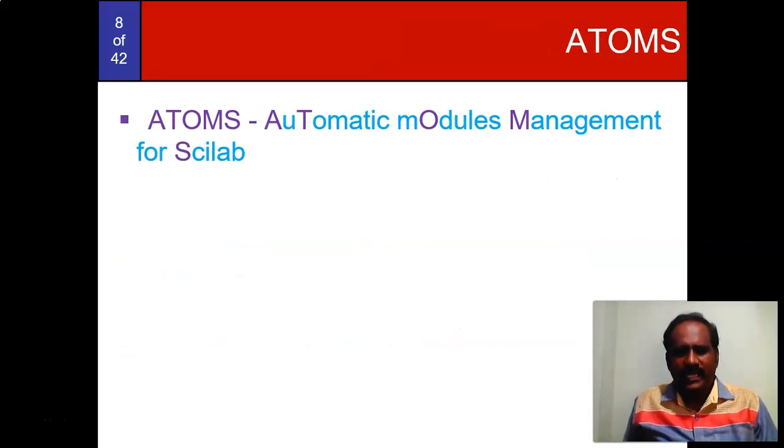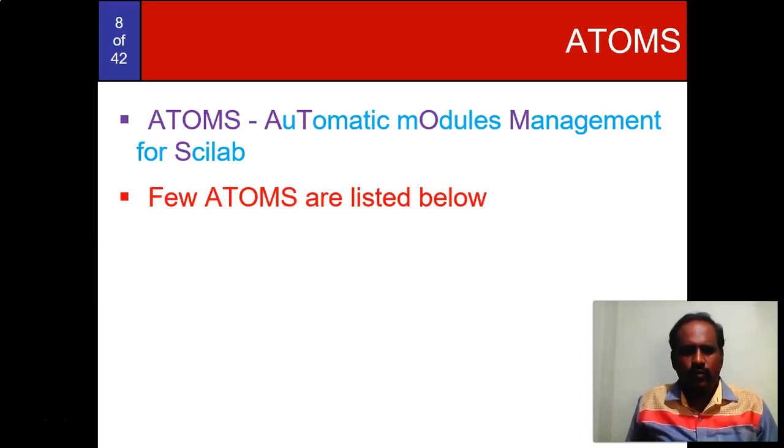ATOMS. What does ATOMS mean? Automatic modules management for Scilab. Like a toolbox, in Scilab we call it ATOMS. There are so many modules, and I have listed just a few.